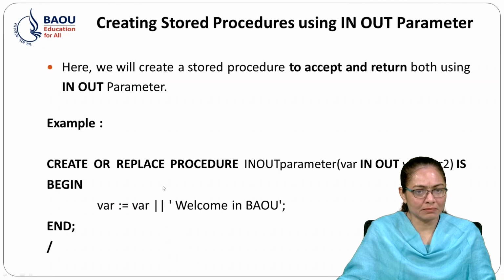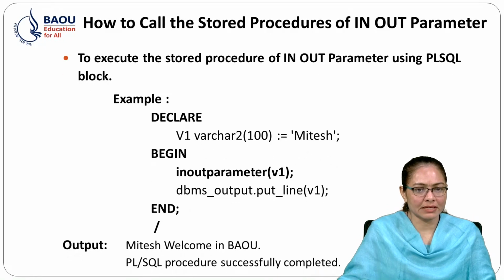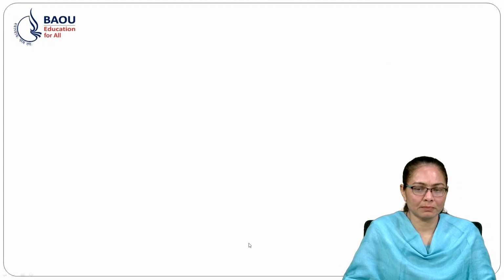So Mitesh is combined with this string welcome in BAU and then it is also an OUT variable. So the variable Mitesh welcome in BAU is returned. So it will display Mitesh welcome in BAU. The procedure is successfully completed.